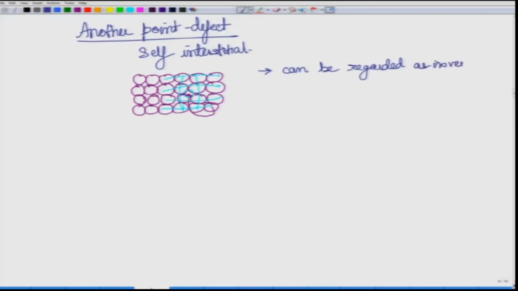Why? What is a vacancy? A vacancy is the absence of an atom from its place, and what is an interstitial? It is an extra atom in that same number of lattice sites. So, that is why you can treat interstitials as the inverse of vacancies.